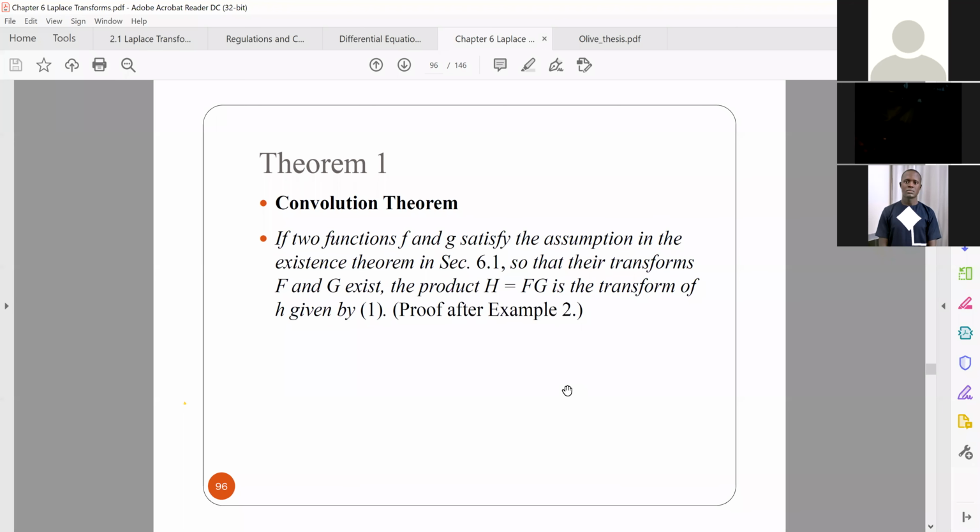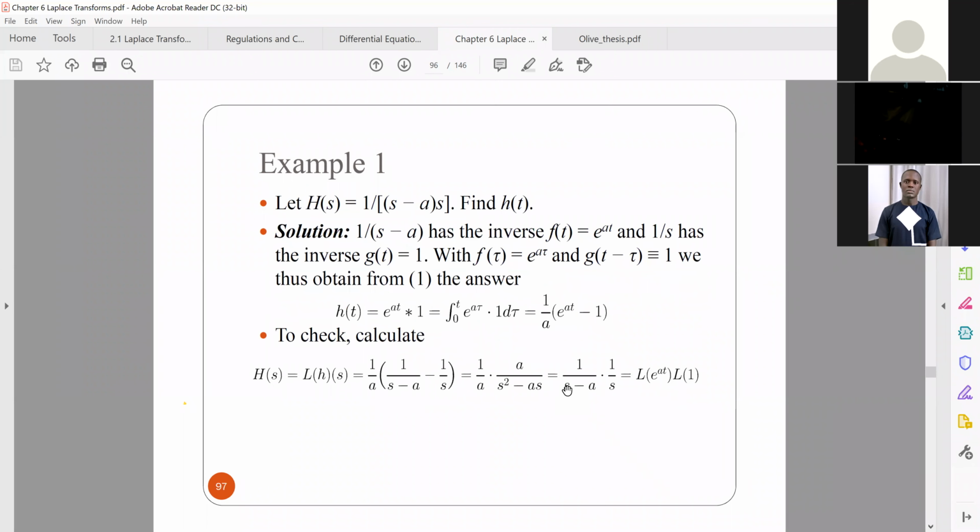So if two functions f and g satisfy the existence theorem for Laplace, so their transforms exist, then the transform of their convolution h equals f star g is the product of the transforms. Let's see an example. I think it will help. If we have H(s) given by 1 over s minus a times s, and they tell us to find h(t), by inspection this is the same as 1 over s times 1 over s minus a.